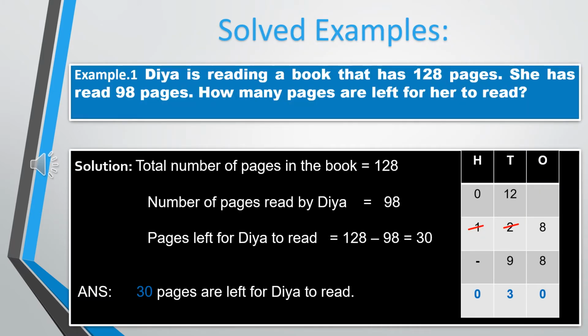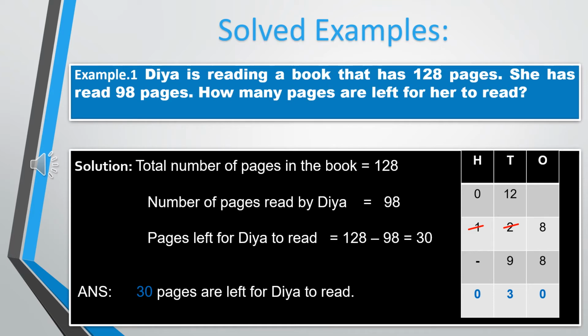Students, our first story problem is Dia is reading a book that has 128 pages. She has read 98 pages. How many pages are left for her to read? So, students, this is a story problem in which Dia is a girl who is reading a book which has 128 pages and she has read 98 pages.